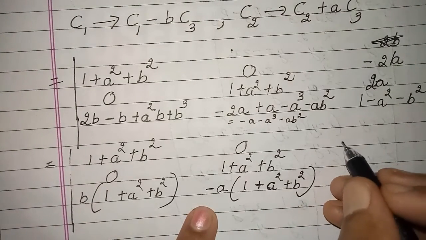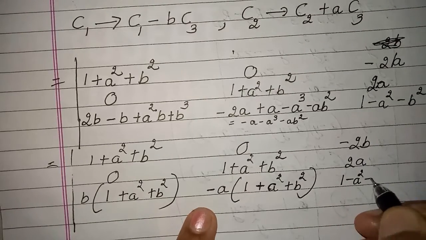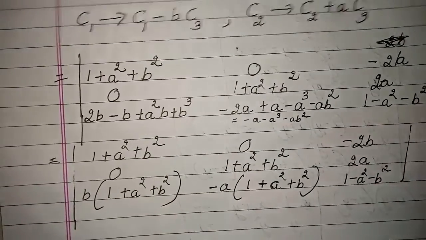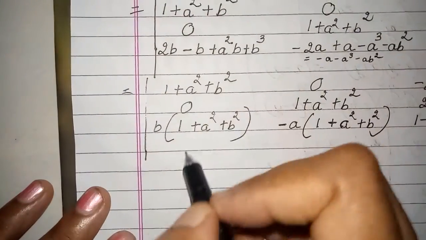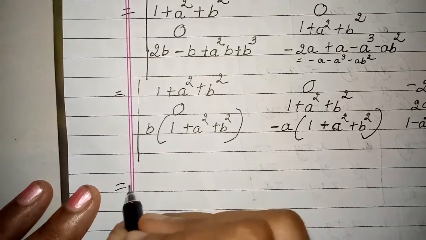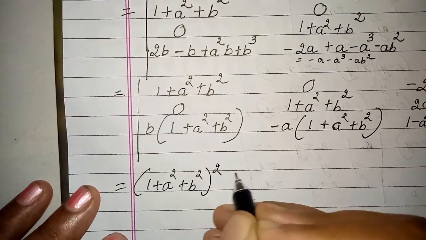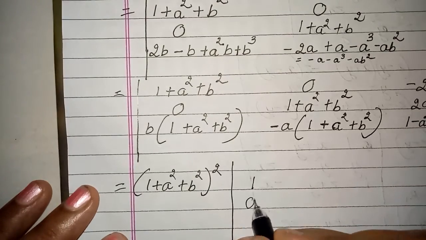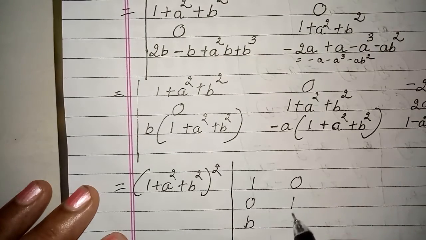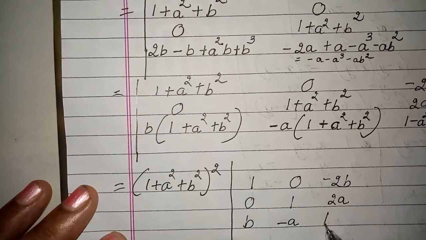Here it is again as it is, minus 2b, 2a, 1 minus a square minus b square. Now you can take this 1 plus a square plus b square column from here, and from here. So it will be 1 plus a square plus b square the whole square, because you are taking common from two columns. 0, 1, minus a, minus 2b, 2a. Last you have nothing to take as common.